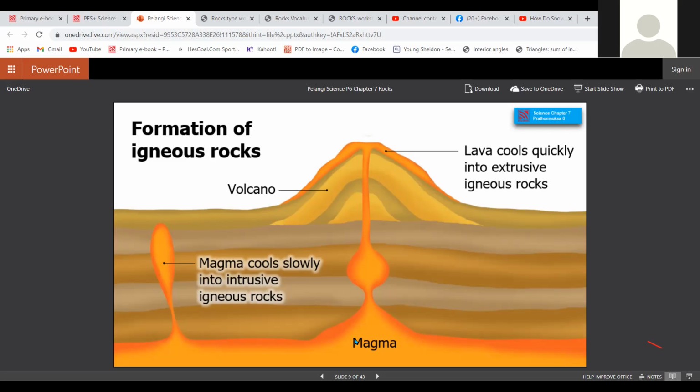When the magma goes up, it turns to molten. And when the molten gets to the surface of the earth, it turns to lava. Yes. And the lava cools down quickly. Remember the word quickly, okay? The lava cools down quickly and forms extrusive igneous rock. Can you say that?